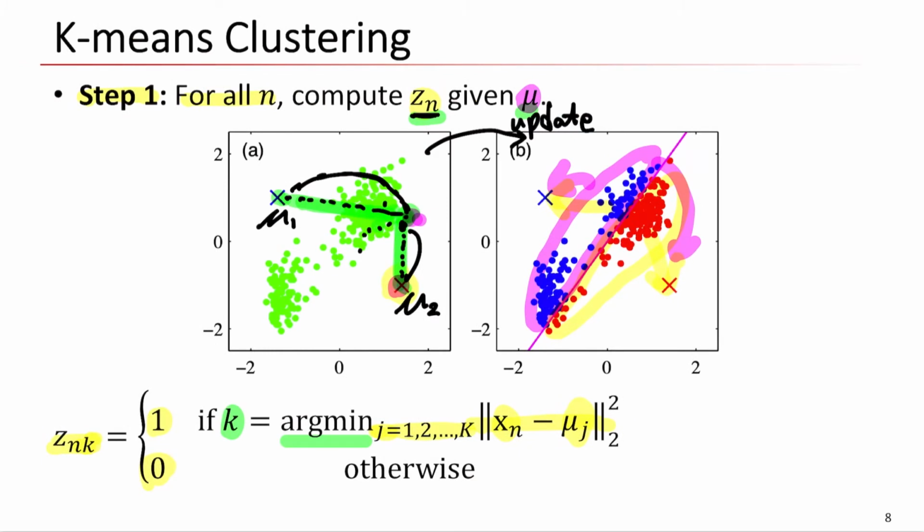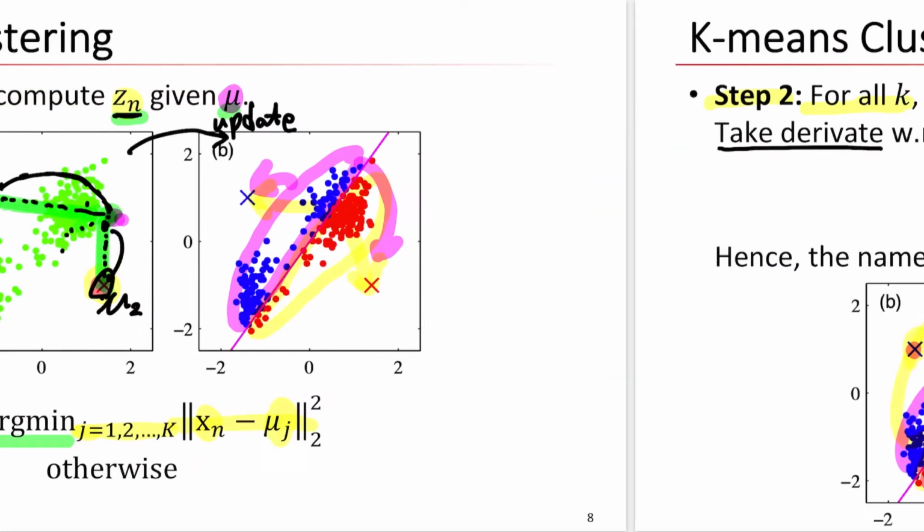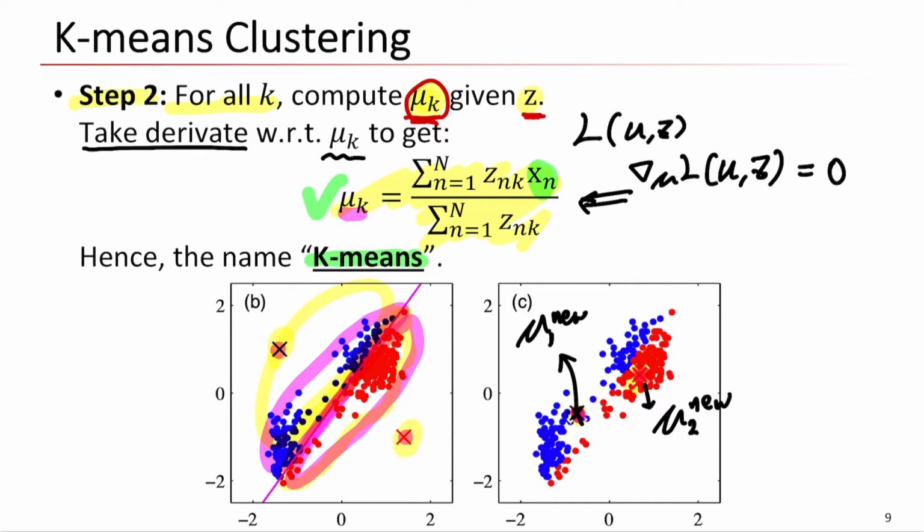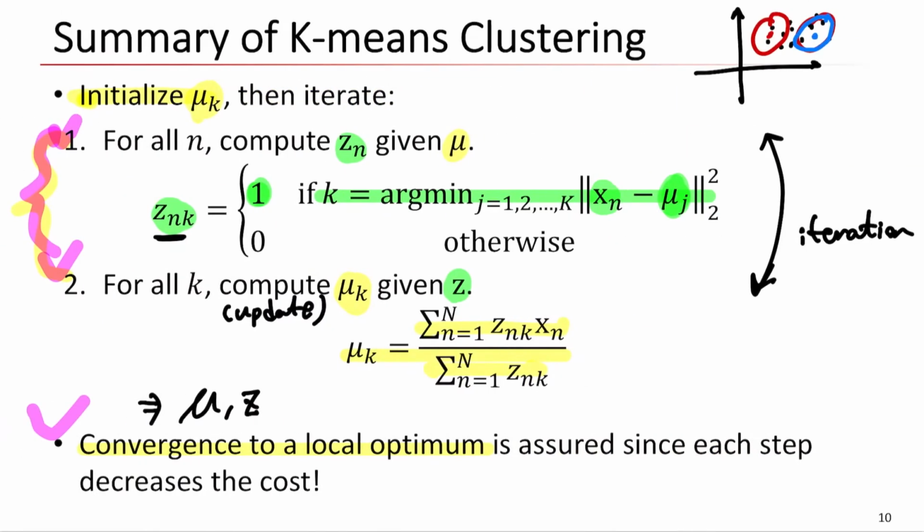In the first step, from the two cluster centroids, we compute the cluster membership Zn from this rule. Then given Zn, or the cluster membership, we update the cluster centroids mu1 and mu2, something like that, right?